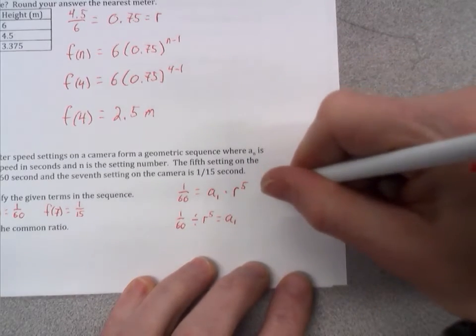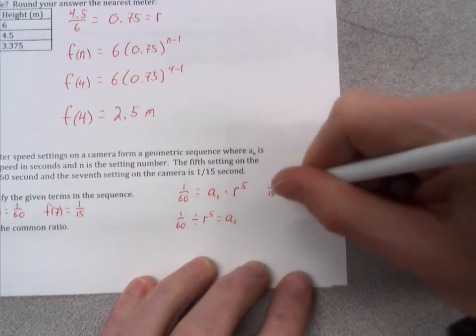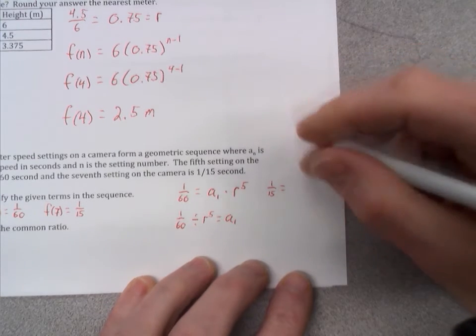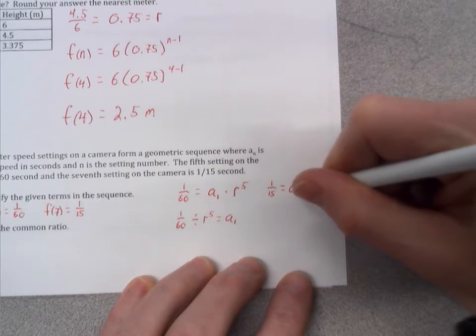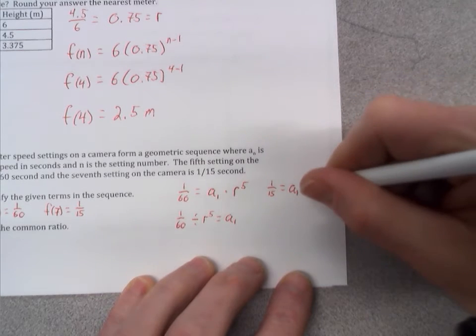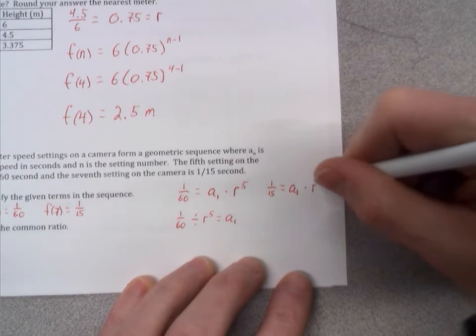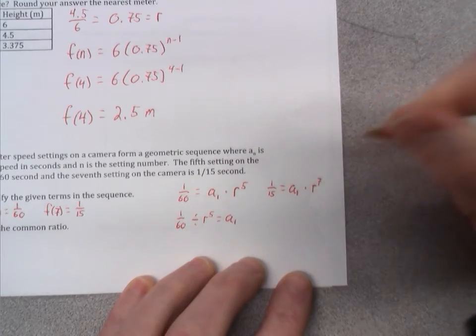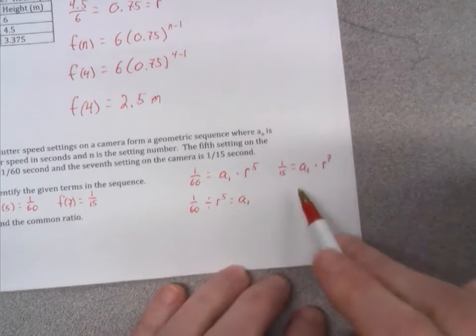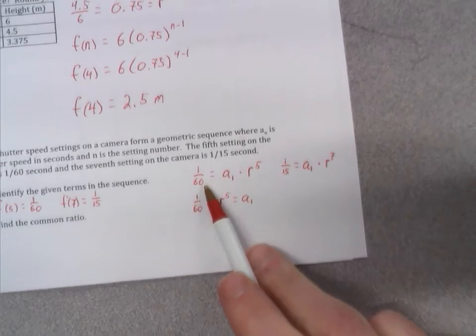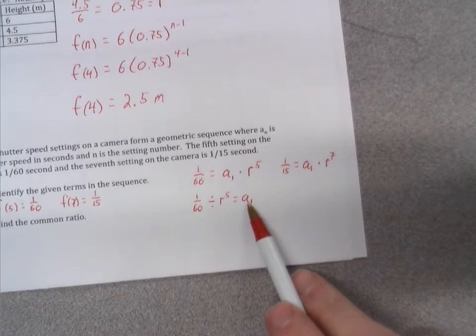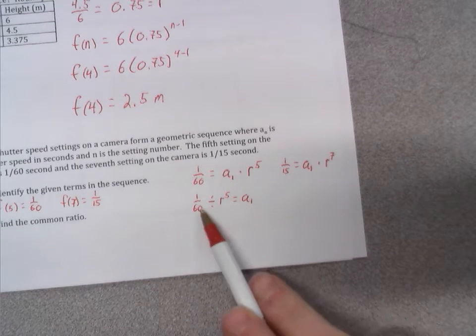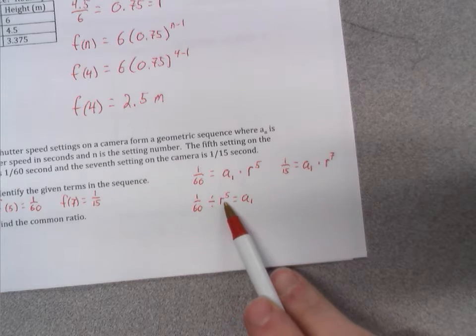We also know that 1/15th is equal to A of 1 times R to the 7th power. Now what we can do here, we've rearranged this first equation to put it in terms of A of 1. So A of 1 is equal to 1/60th divided by R to the 5th.